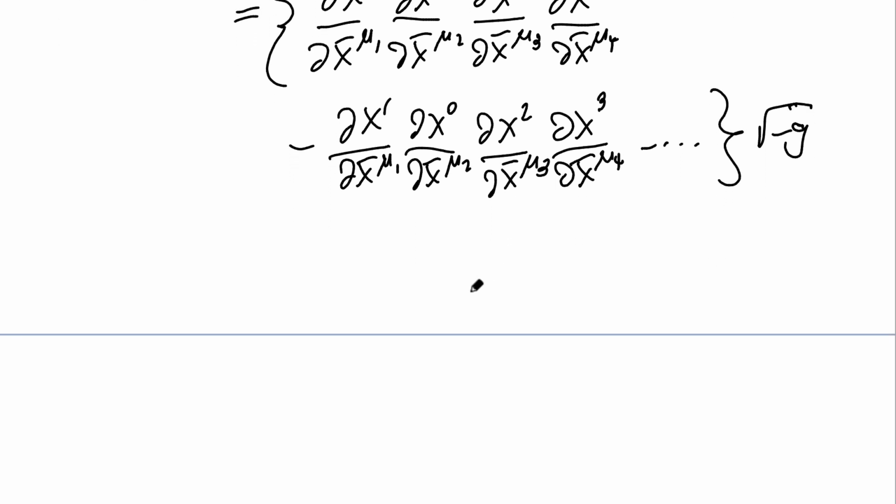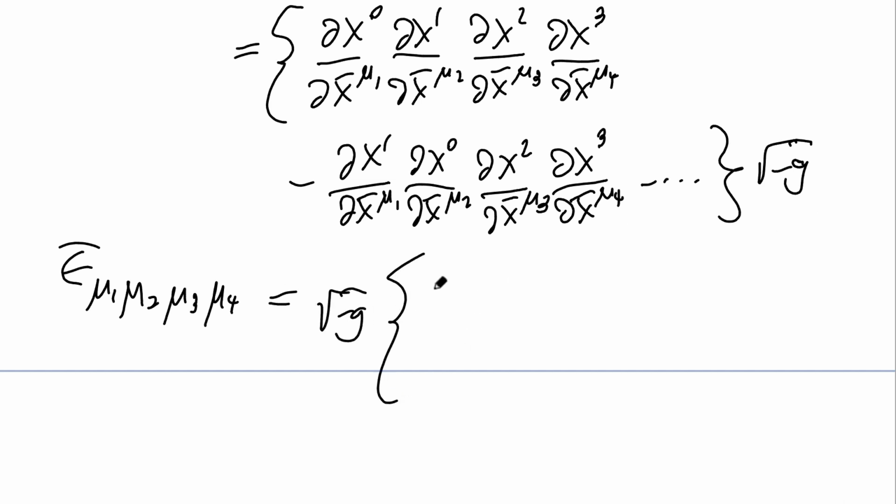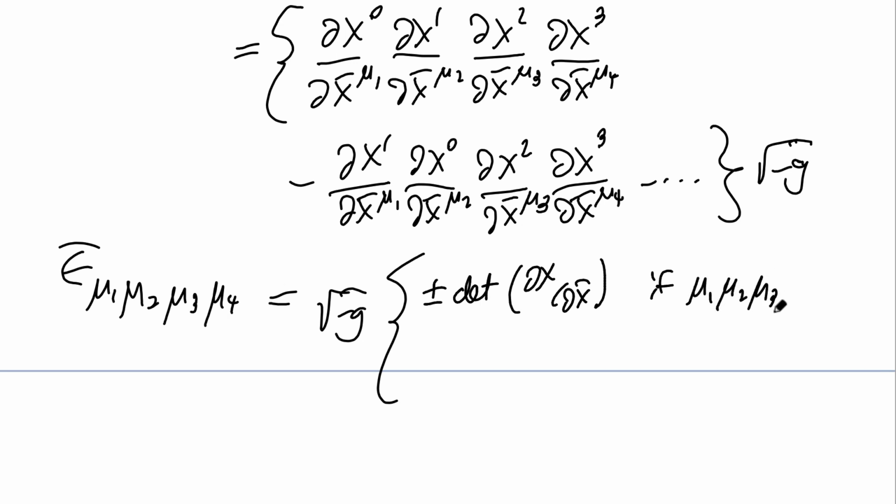So epsilon bar mu1, mu2, mu3, mu4 is equal to the square root of minus g times either plus or minus the determinant of partial x with respect to x bar, if mu1, mu2, mu3, mu4 is an even or odd permutation of 0, 1, 2, 3.